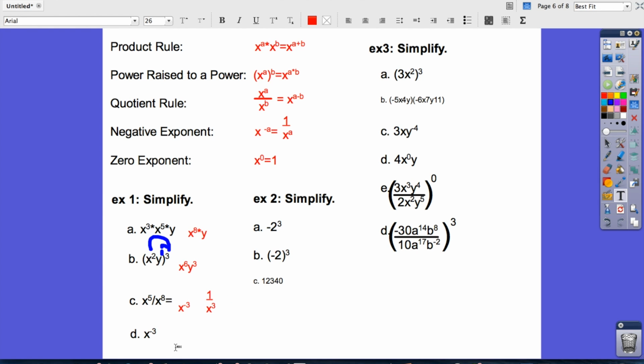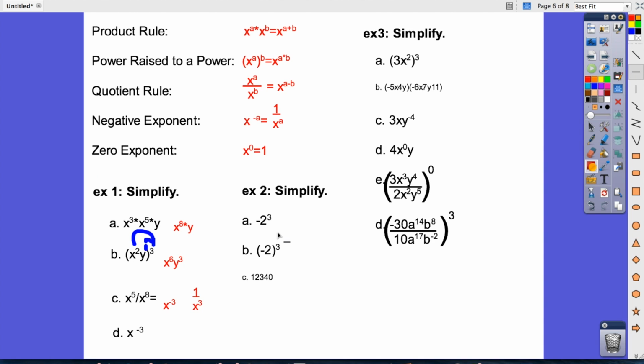So D. D is a simple one, but I want to make sure we touch on it. Notice that we have a negative 3 as our exponent. So the way that this works is we automatically take the reciprocal. The easiest way to do this is, if you have a negative exponent, draw a fraction bar.